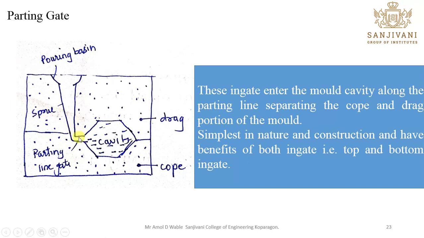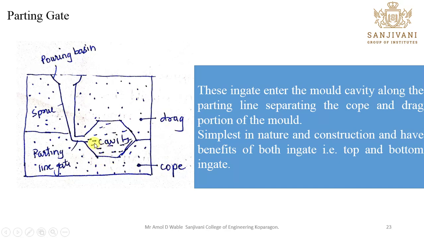This is the ingate position, this will be the sprue, this will be the cavity. Sorry, this should be the cope side and this should be the drag side. Here this notation is wrong. You make this a drag, this a cope. Always remember that the down side will be the drag, D stands for down, so you can remember it that way.